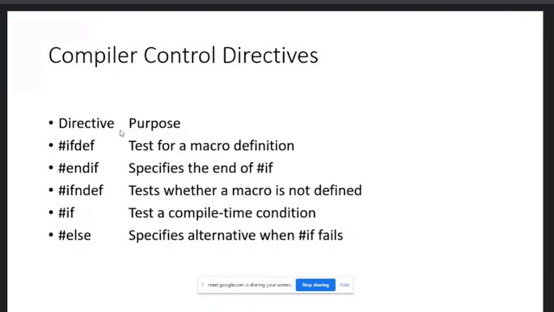Compiler control directives. Now sometimes we want to check whether one particular macro definition is there or not. We can use this hash define, ifdef. ifdef stands for if defined. Then we can use the endif, to specify the end of this particular if.